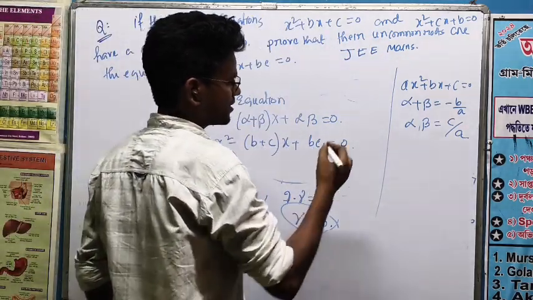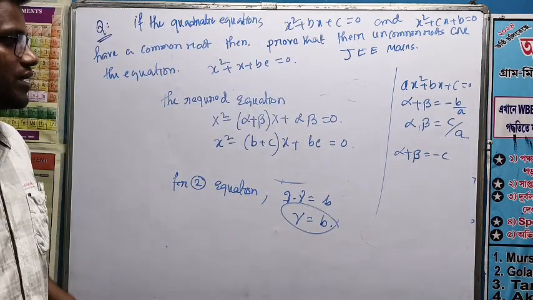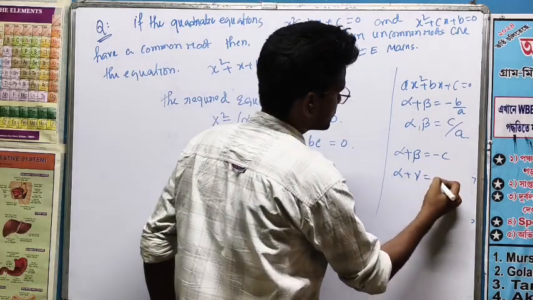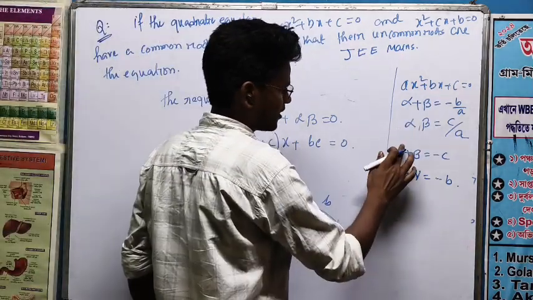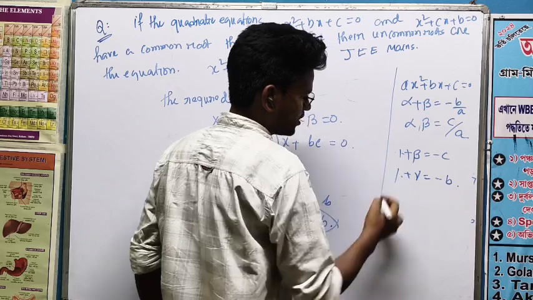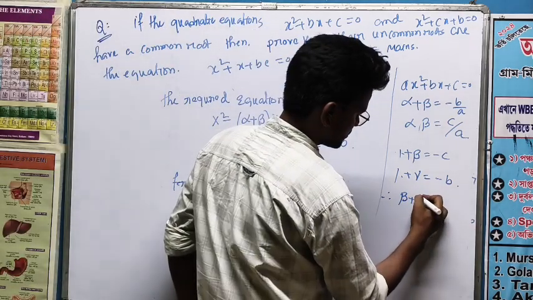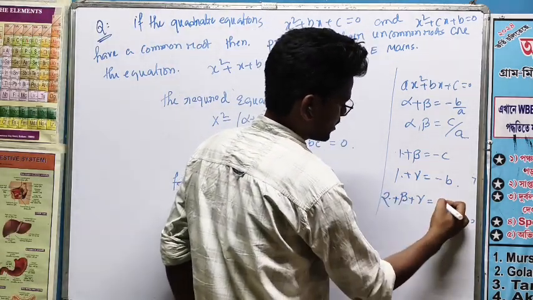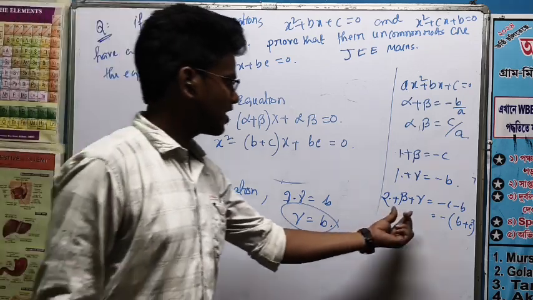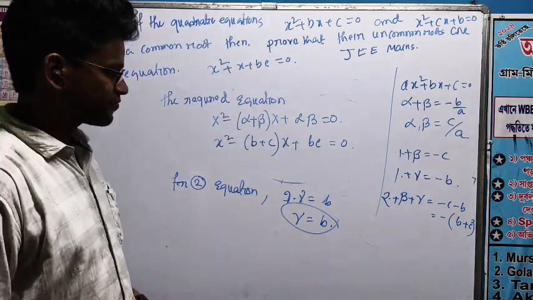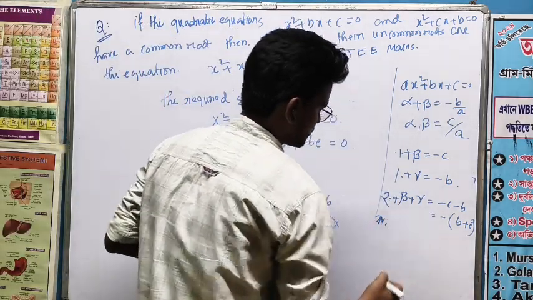Next, alpha plus beta is equal to minus of c, and alpha plus gamma is equal to minus of b. We have determined alpha is 1.